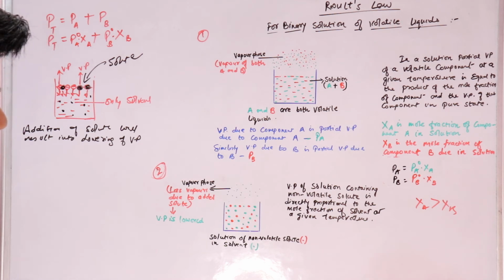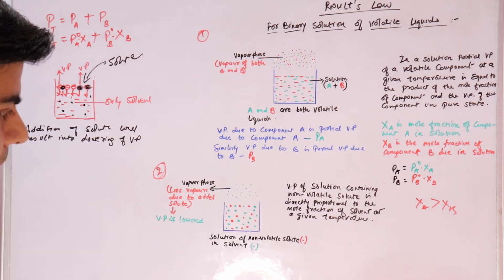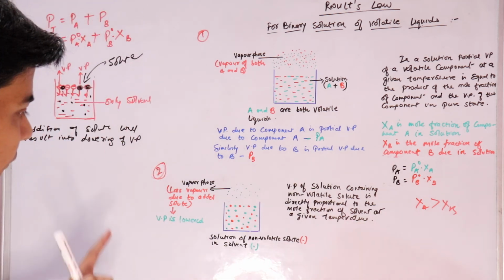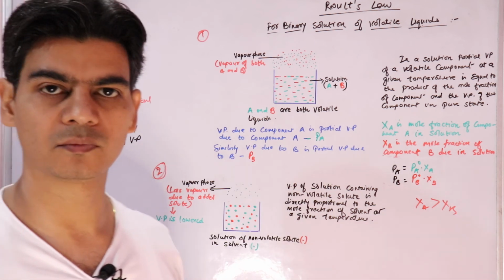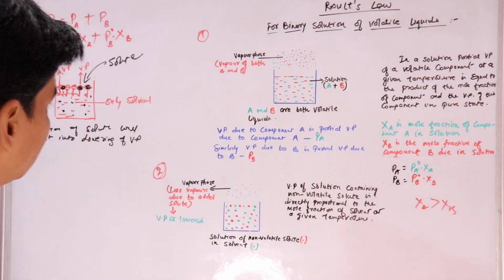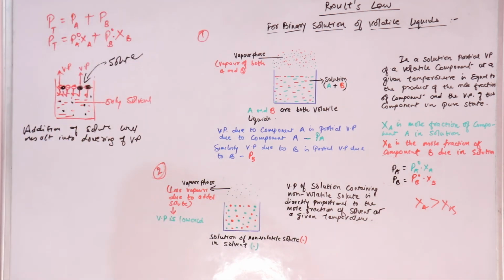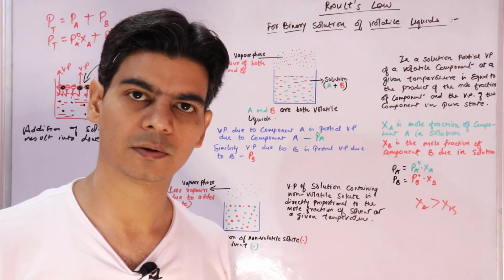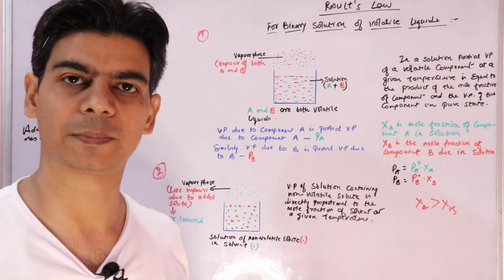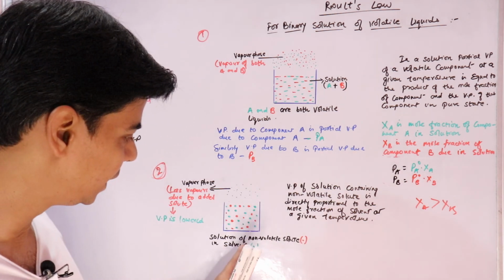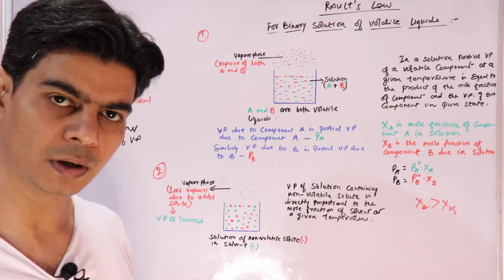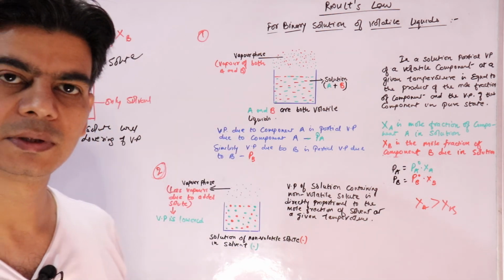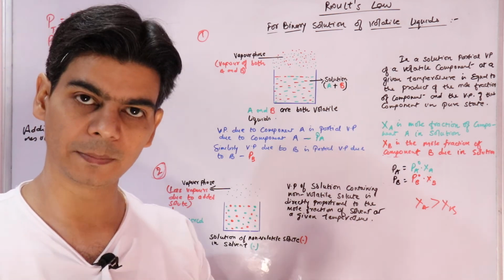This lowering of vapor pressure we have studied in the previous video. It would cause elevation of boiling point, right? Since the vapors above this liquid surface have reduced, the vapor pressure is reduced. Now we have to heat this solution to a higher temperature so that more liquid molecules can pass into the vapor state to build up the vapor pressure.